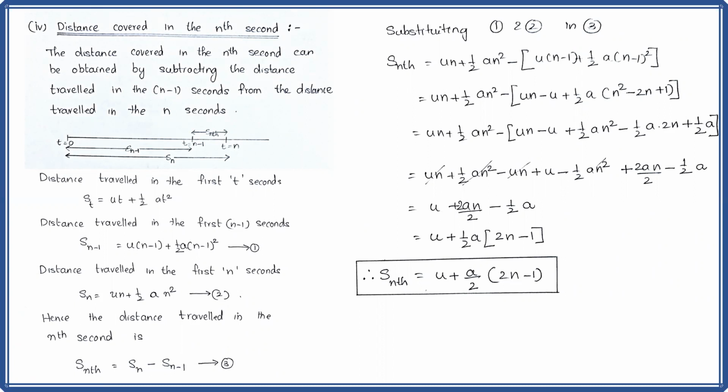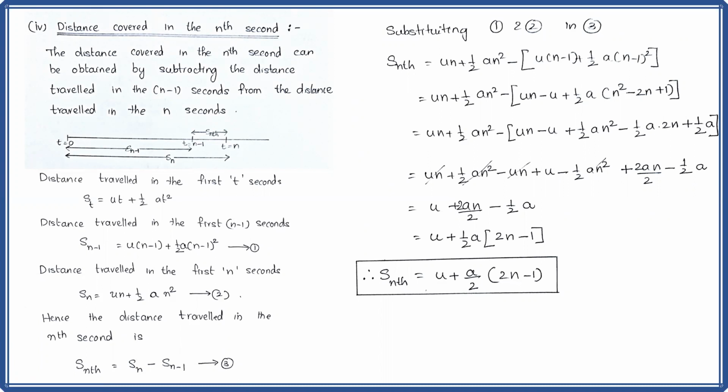Then we will subtract distance traveled in the 6 seconds from distance traveled in the 7 seconds. Then you will get the distance traveled in the 7th second alone.